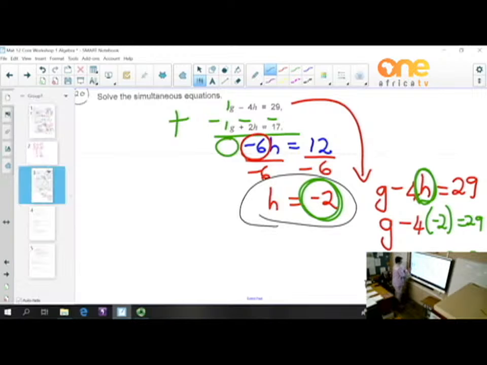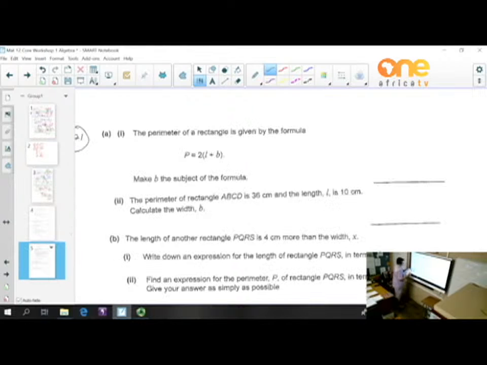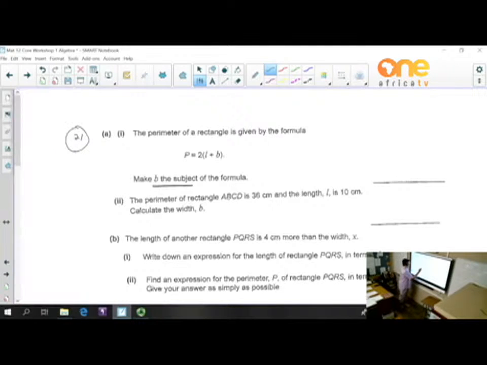Right, let's go to the next page. The perimeter of a rectangle is given by the formula, make B the subject. This is what we did already now and looked at every time. So we're going to use the rules.